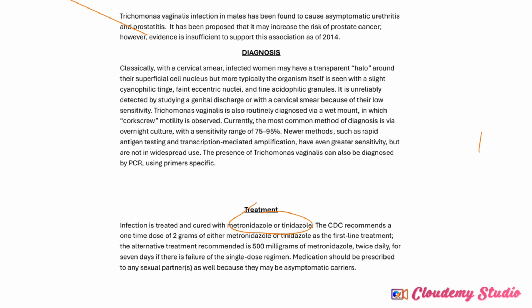So if we have a male and a female that are sexually active, like sexual partners, and the female is symptomatic, the medication must be prescribed for both the male and the female, even if the male is asymptomatic, you understand, because it is transmitted through direct sexual contact, and someone that has a sexual partner has a 90% probability of being infected with that particular parasite because it is a sexually transmitted parasite, you understand.